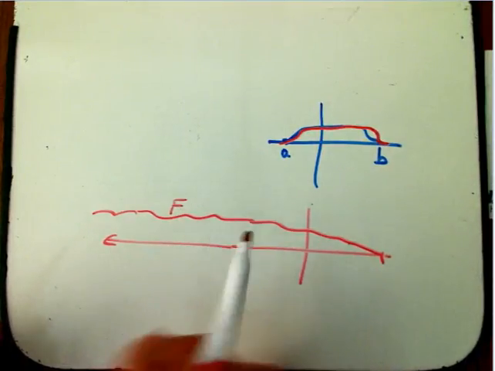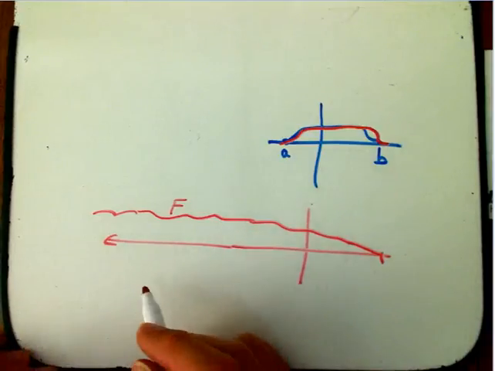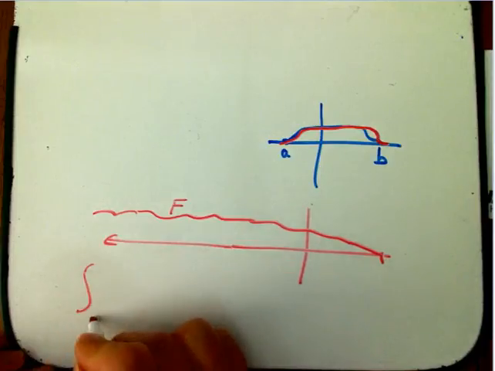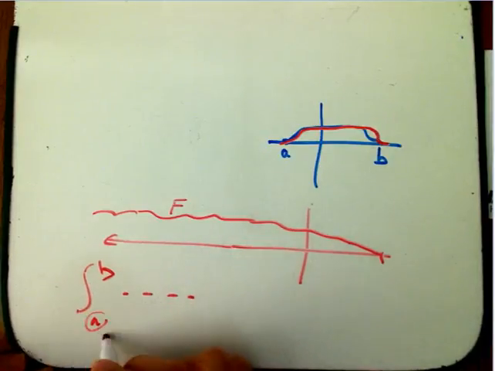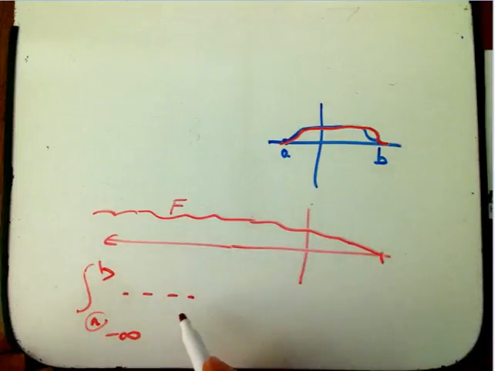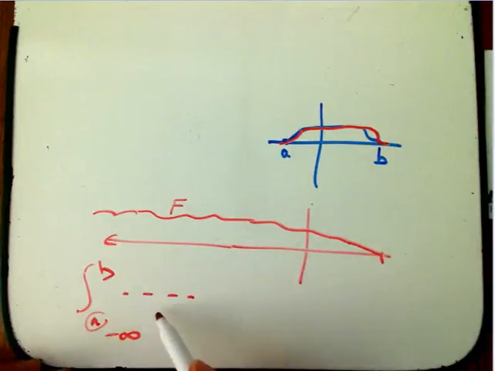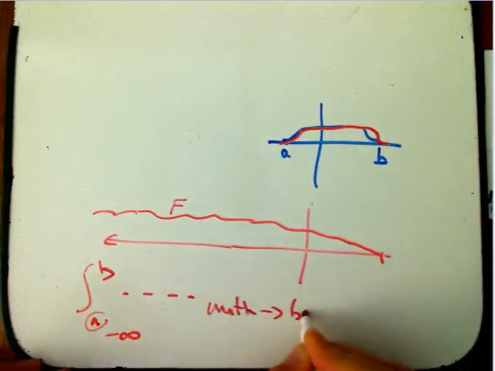Then we're trying to convolve this function, and the integral, remember, reduced down to the integral from a to b of all this stuff, and that would be a minus infinity. It would quite likely be a divergent improper integral. So mathematically, that's bad.